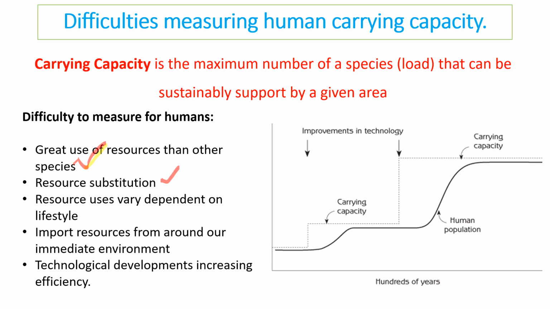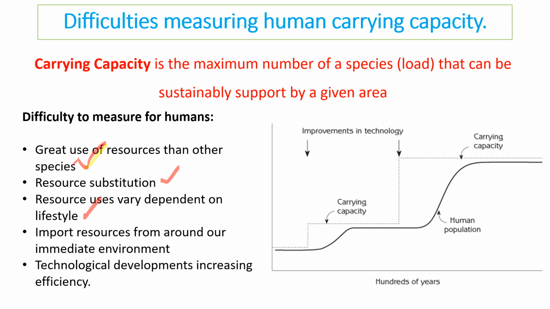Resource use varies depending on people's lifestyles. For example, if you live in the countryside, you're less likely to use as many resources as if you work in the city. If you live in different countries, you have a different likelihood of having an impact. We import resources from around the world, not just from our immediate environment.